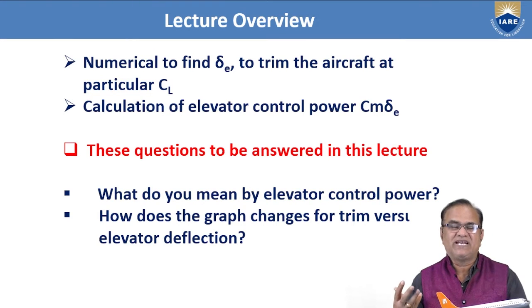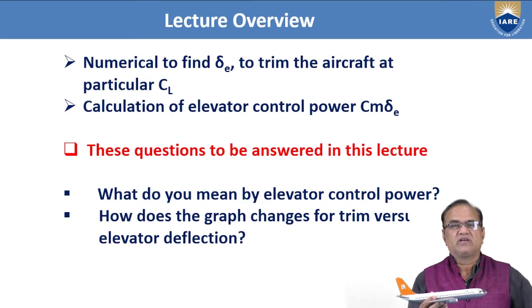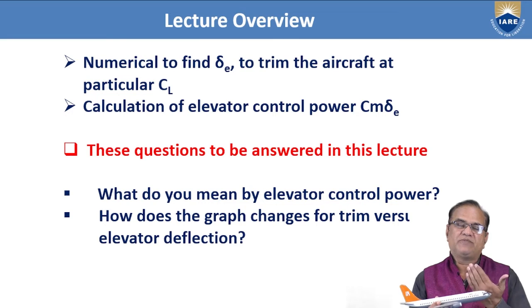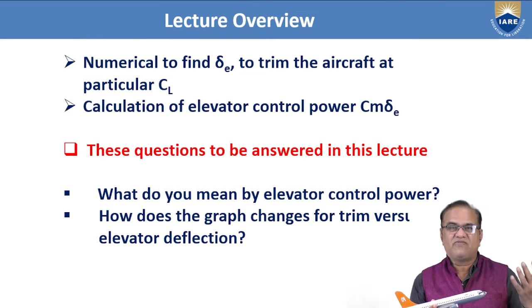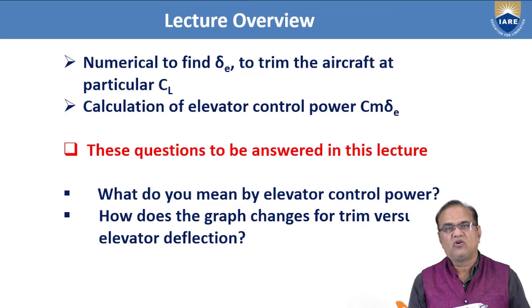And how much DeltaE is required to trim the aircraft at a particular coefficient of lift. So for the cruise, we have lift equal to weight. If you see other conditions like maneuvers, lift will be higher than weight, and L by W is called the load factor.